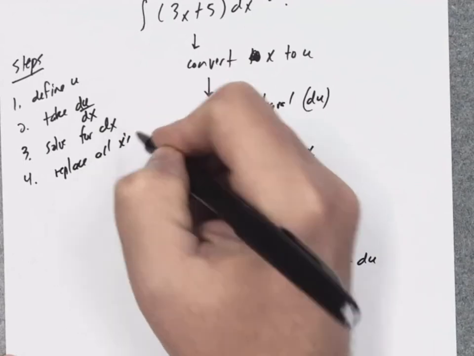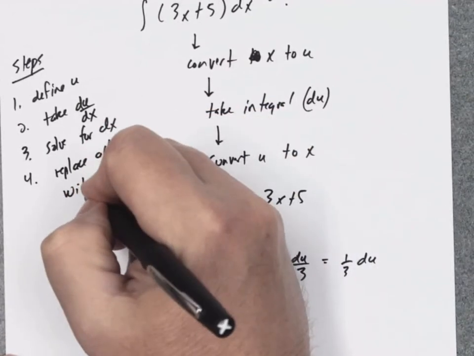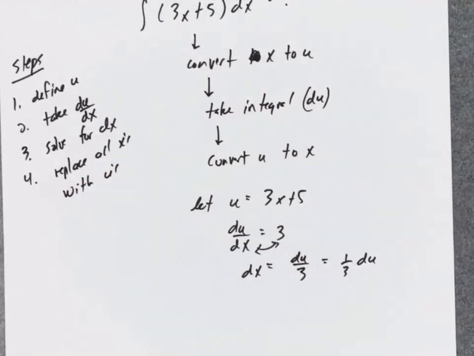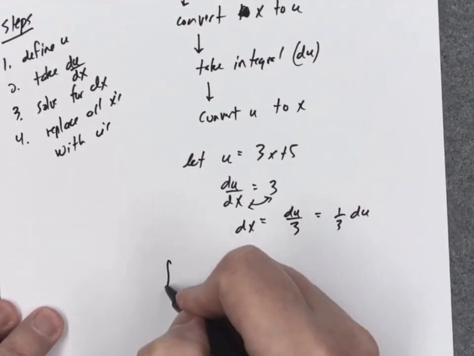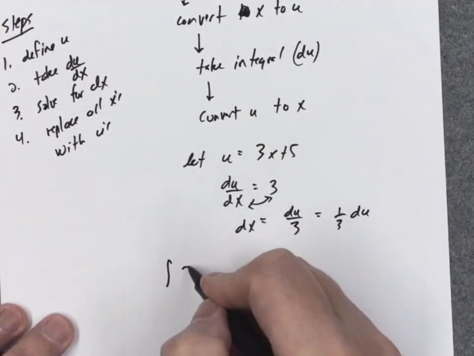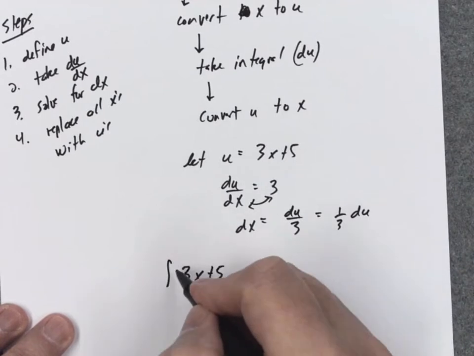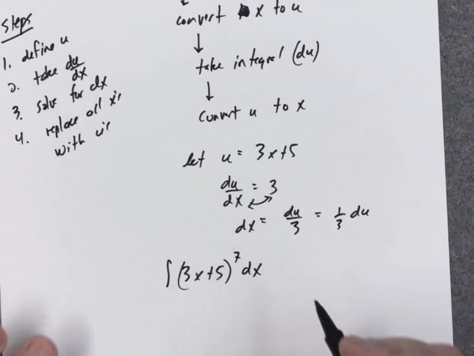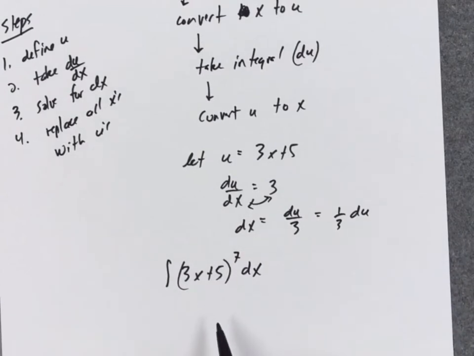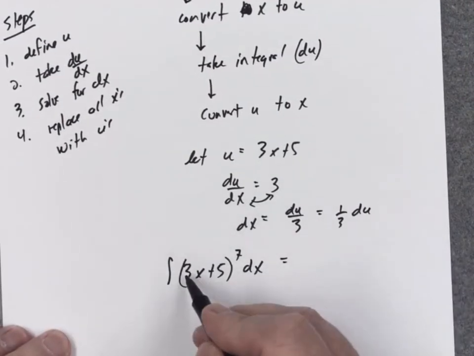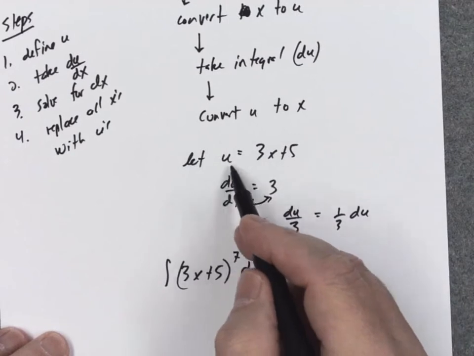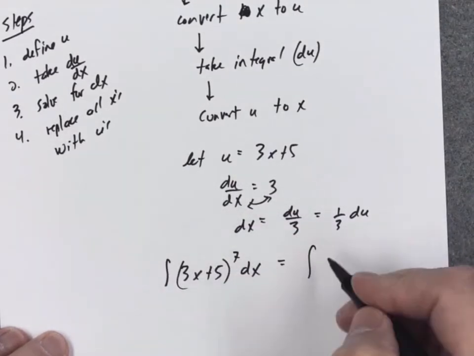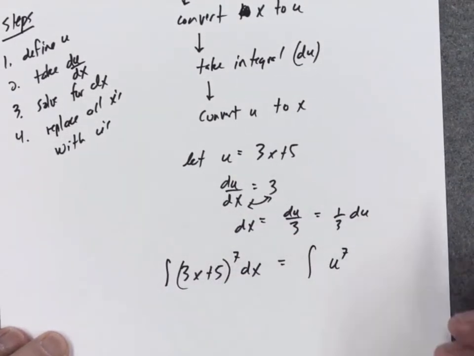Now, replace all your x's with u's. So here's my original integral. When I'm done with this step, if it's going to work correctly, I should not have any more x's. I should only have u's in my integral. So 3x plus 5, I'm calling that u, so I can just make this u to the 7th.